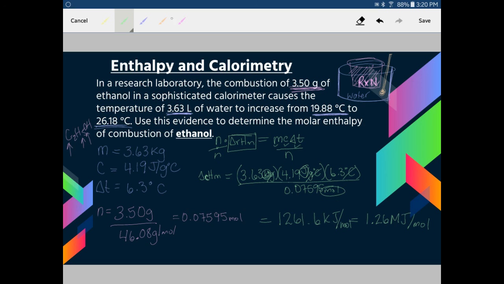Now because we have an exothermic reaction, that means that I must have a negative value. So it's negative 1.26 megajoules, or negative 1,261.6 kilojoules per mole. Again, negative, it's an exothermic reaction.